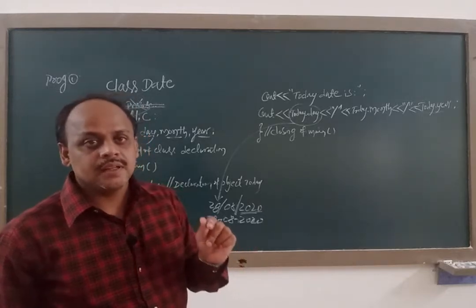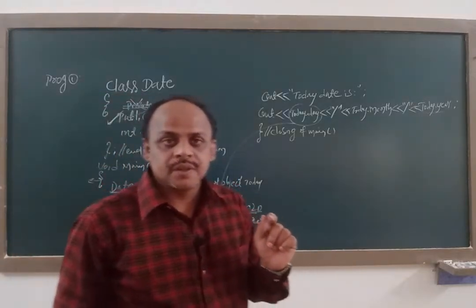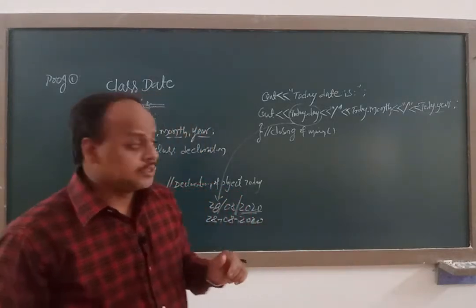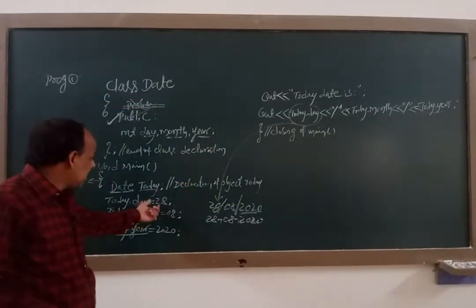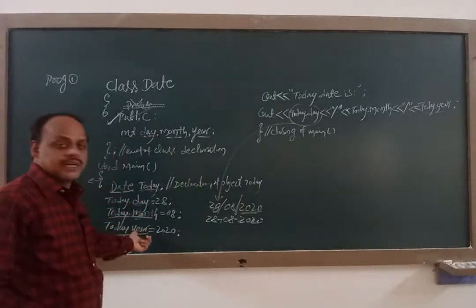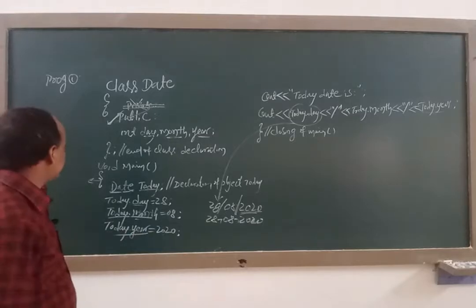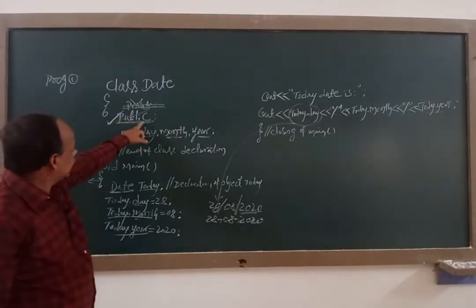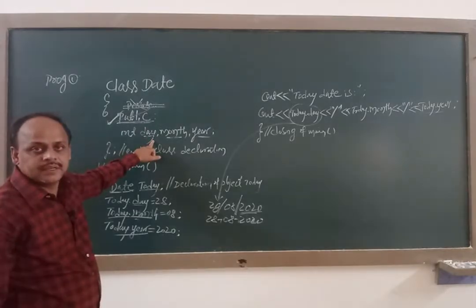So data hiding is one of the features of OOP, right? Now we have to assign values to the data members and use these things outside the class. Therefore we have to write public. In public only we have to declare this.